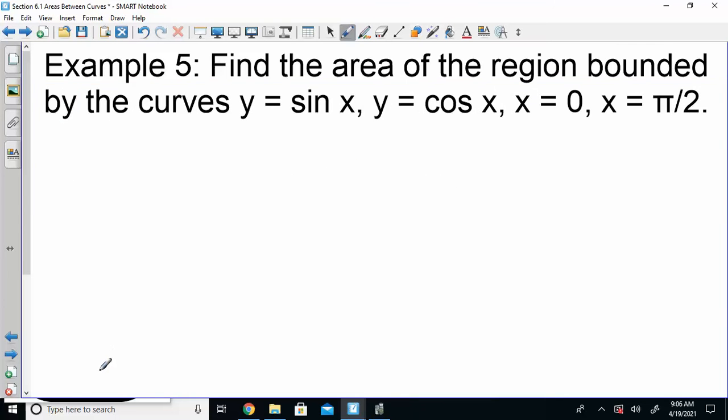Alright, let's do another slightly ugly one. So I want the area of the region bounded by the curves y equals sine of x, y equals cosine of x, x equals 0, and x equals pi over 2. Draw a picture.